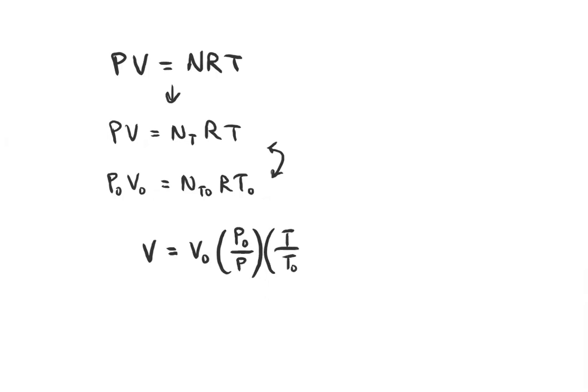And again, this is just coming from the fact that temperature and pressure are on different sides of the equation here. Hence, one has the initial state on the numerator, and the other has it on the denominator.